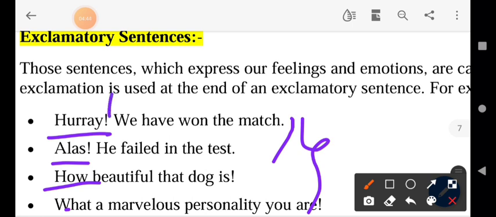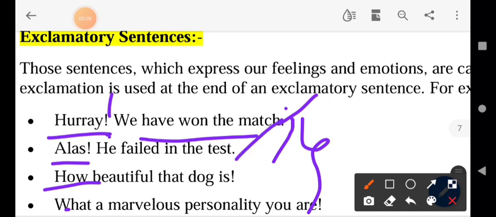Here the exclamation mark is there. This is an assertive structure, there is a full stop. And this sentence shows a sudden feeling of enjoyment, joy, happiness. And alas, he failed in the test.